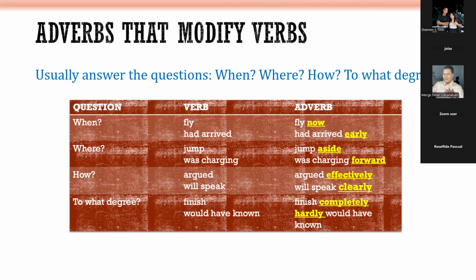It was charging forward. How? How did they argue? They argued effectively. How will they speak? They will speak clearly. To what degree? How did he finish? He finished completely. How would you have known? I hardly would have known. Okay?